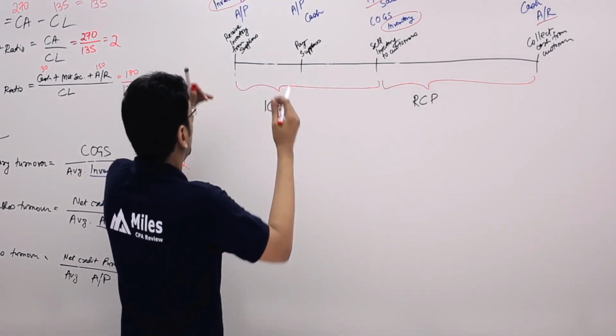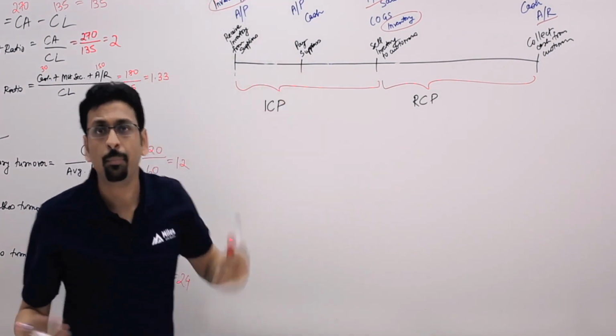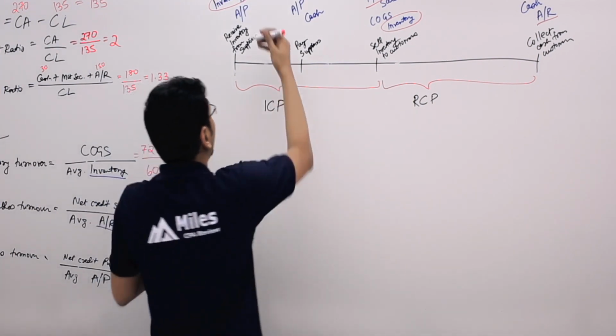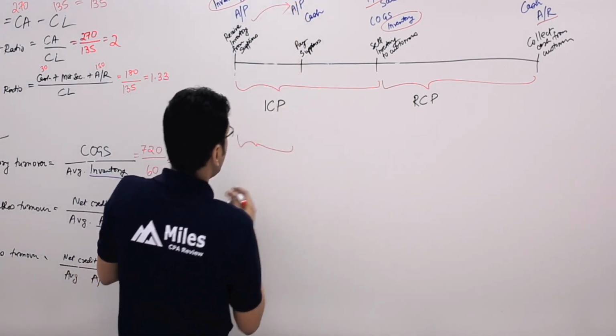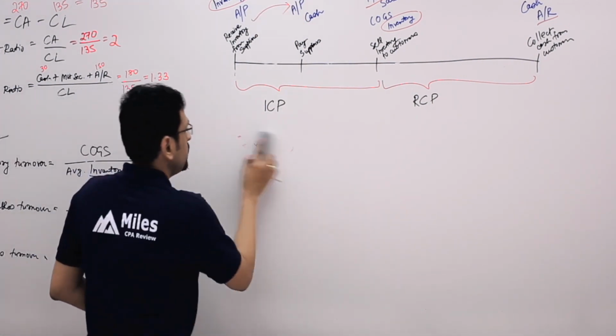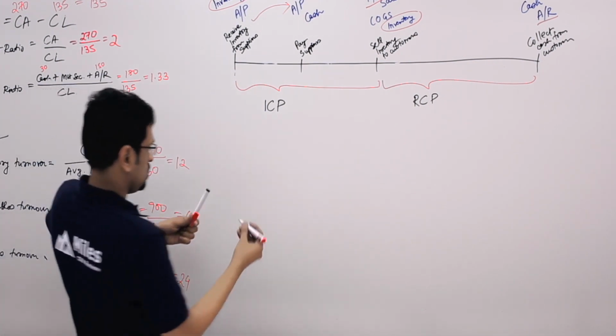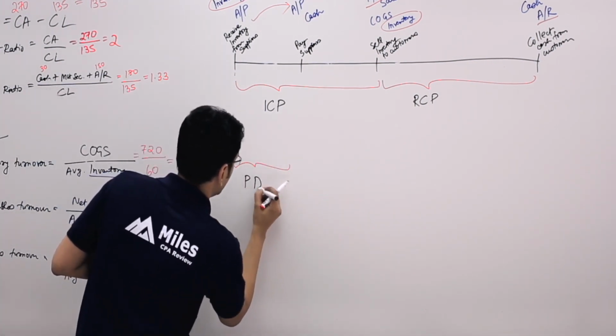Now, let's look at payables. You had payables which were generated here when you bought goods from your suppliers on credit, and at this point you paid them the cash. Let me create a little more space out here. So this becomes your payables deferral period.